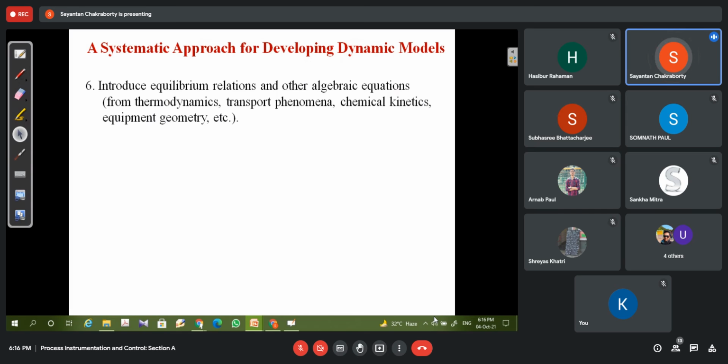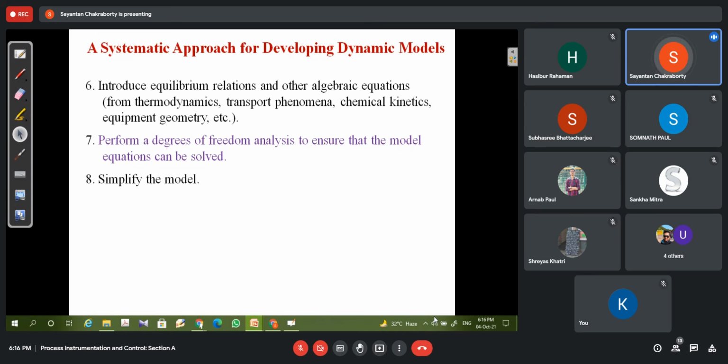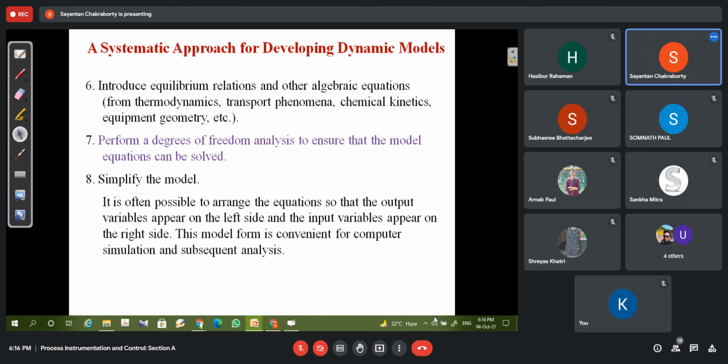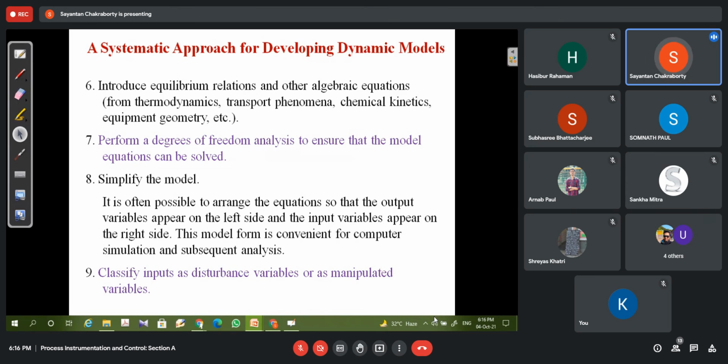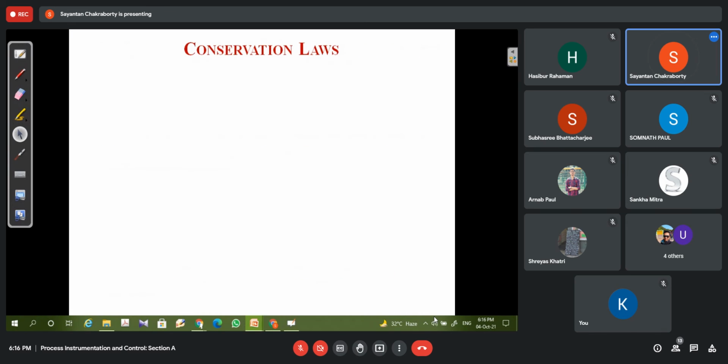Then find the equilibrium relations, and then perform the degree of freedom analysis. I've already shown the slides. We have done up to point 6. Now we'll perform the degree of freedom analysis, and then if possible, simplify the model and decide upon the disturbance variables and manipulated variables. So in this class, we'll discuss points 7, 8, and 9. Up to 6, we've discussed.